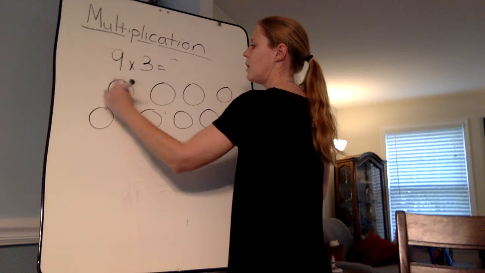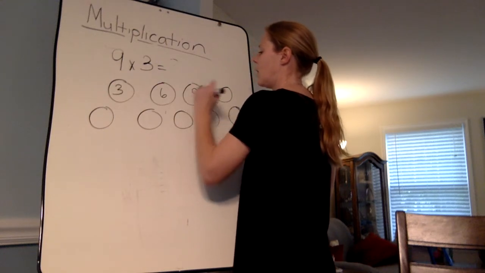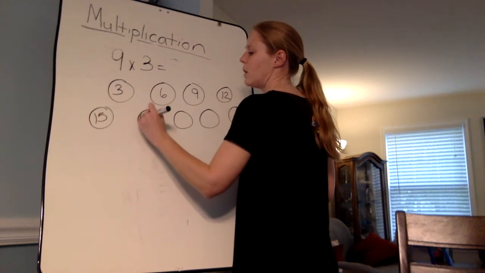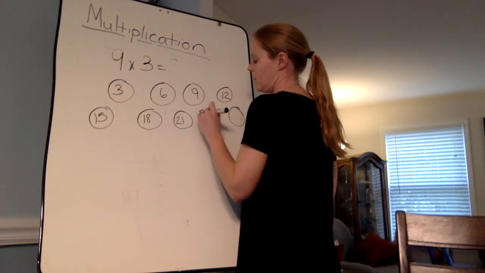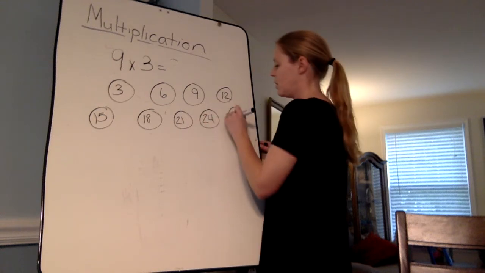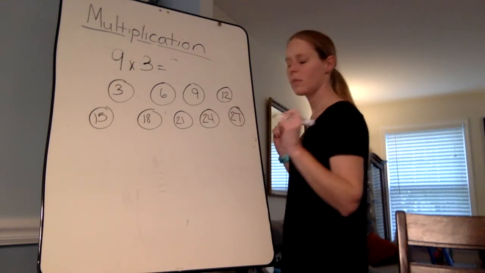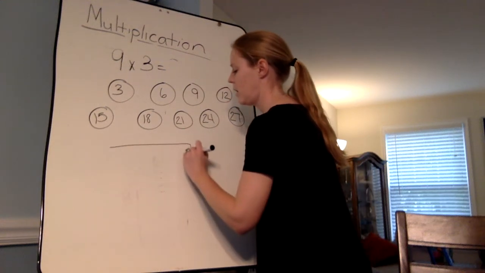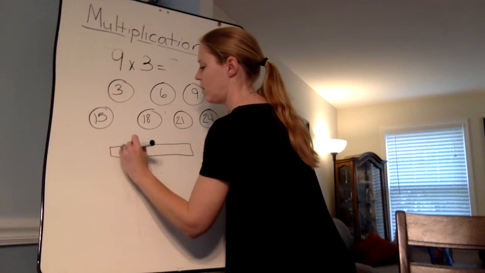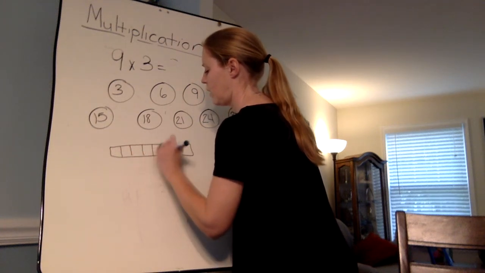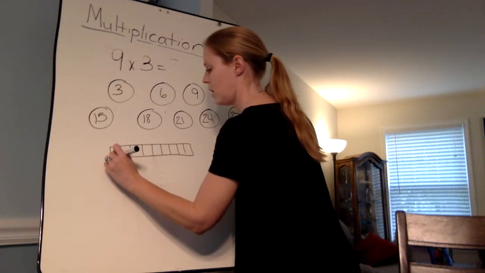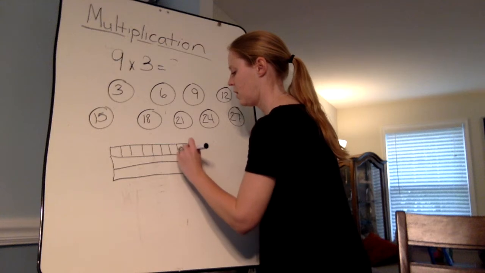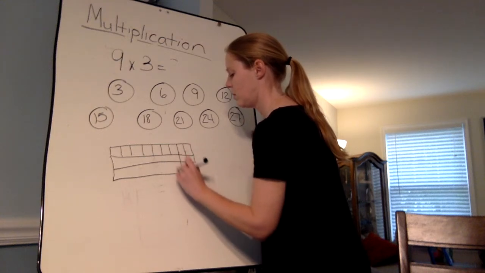And I could do 3, 6, 9, 12, 15, 18, 21, 24, 27, or I could do my array. So I've got my 9, 1, 2, 3, 4, 5, 6, 7, 8. Go this way. And I'm just going to bring it down.